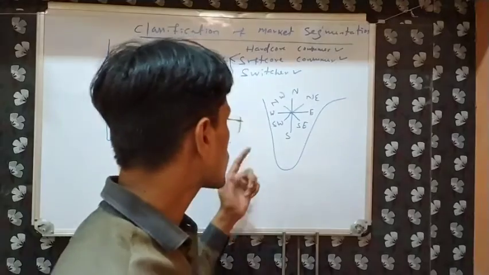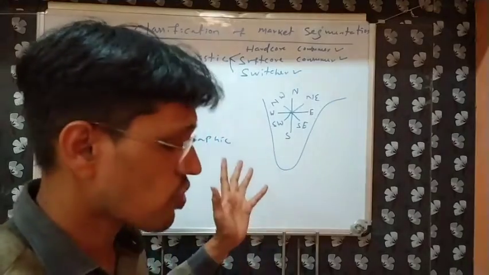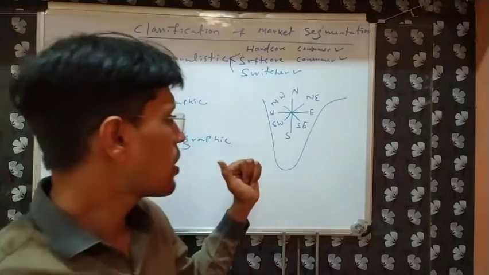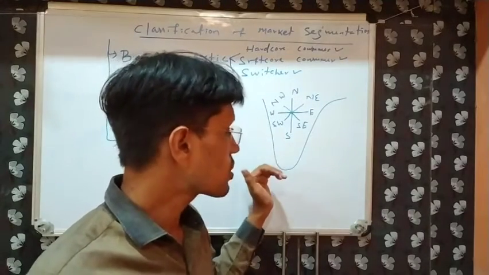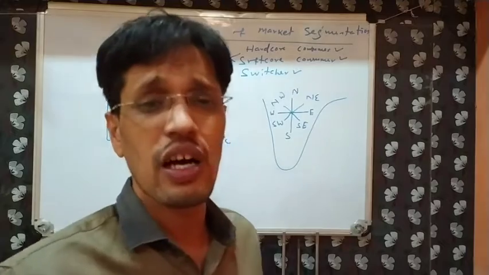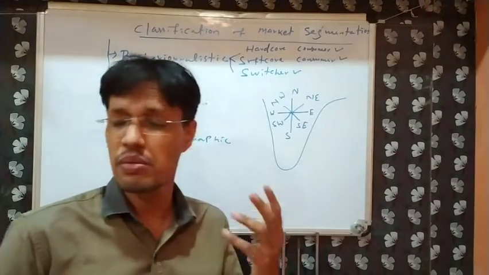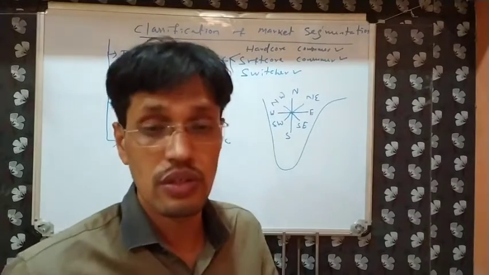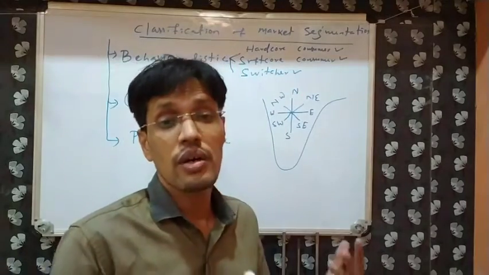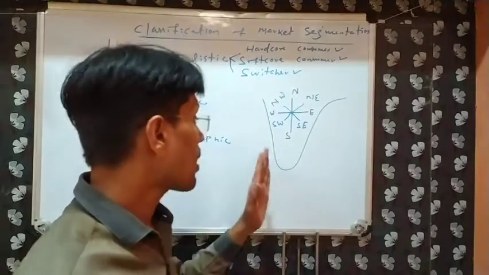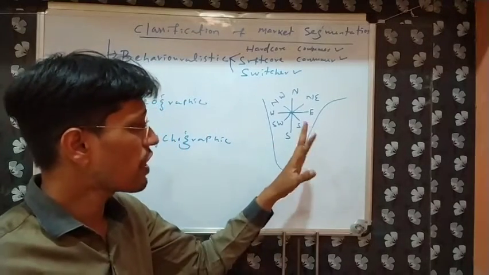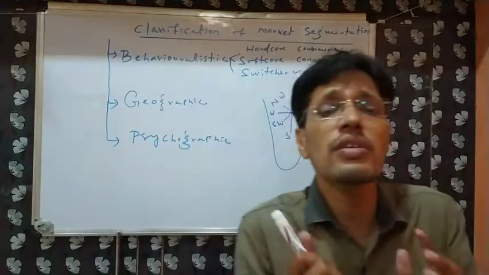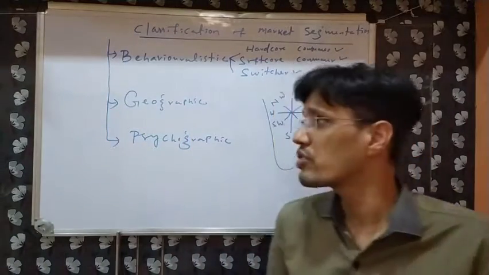If you come down to southwest, then it is Maharashtra, and if you come down to south, then you will find Kerala, Andhra Pradesh, Telangana, and Tamil Nadu, and in the southeast you will find Odisha, Chhattisgarh. You see how differently people live and how their lifestyle can be influenced.